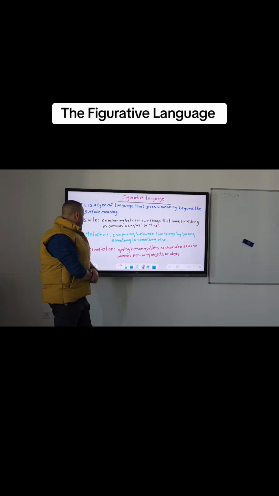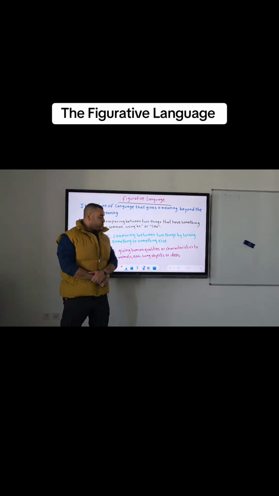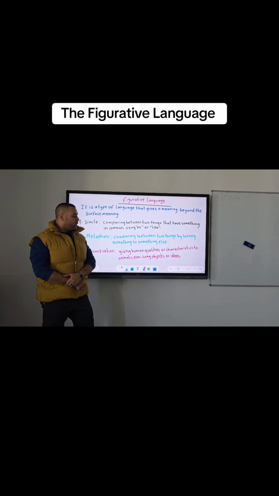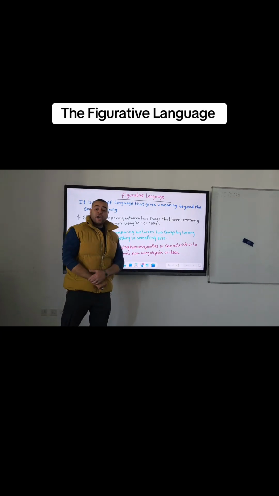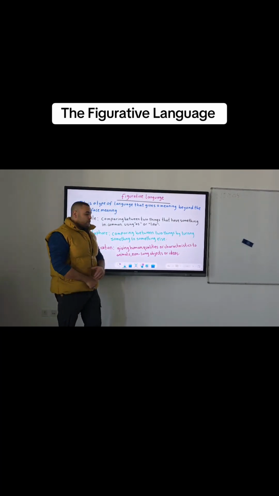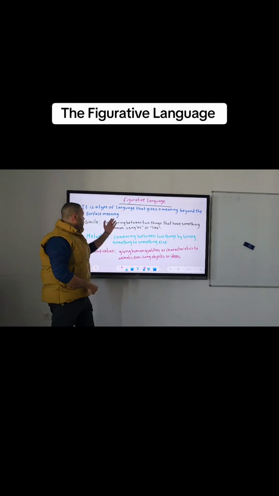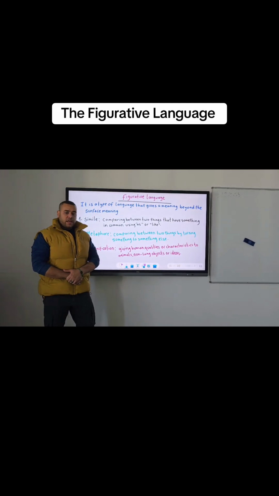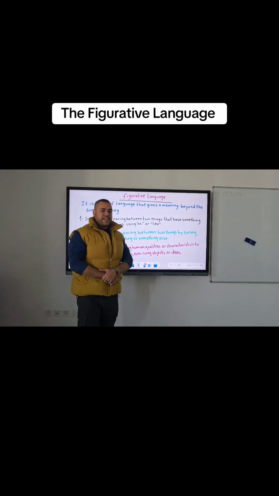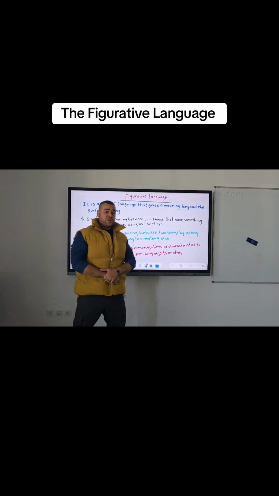The third type is personification. Personification is giving human qualities or characteristics to animals, non-living objects or ideas. This type of figurative language gives a very good atmosphere, and it helps in better understanding and in feeling the sentence itself.